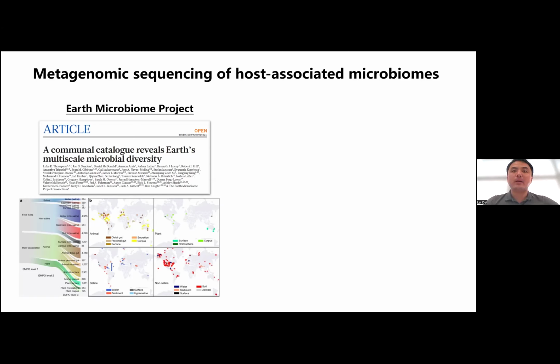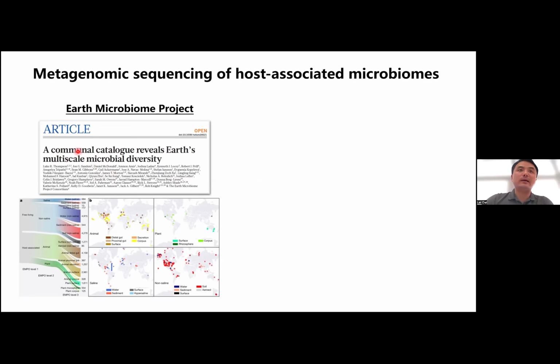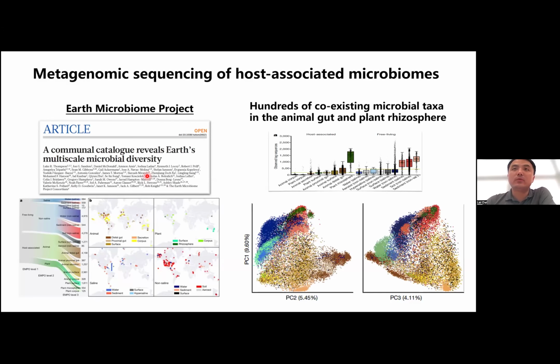Around 20 years ago, with the emergence of cheap next-generation sequencing, people started to go to different places on Earth, extract the DNA, and sequence what's in there. What you can see here is a milestone paper, the Earth Microbiome Project, where people sequenced hundreds of different sites on Earth and revealed the great microbial diversity.